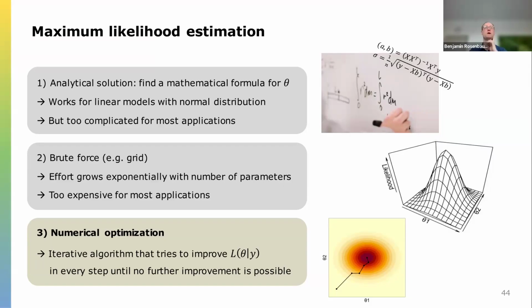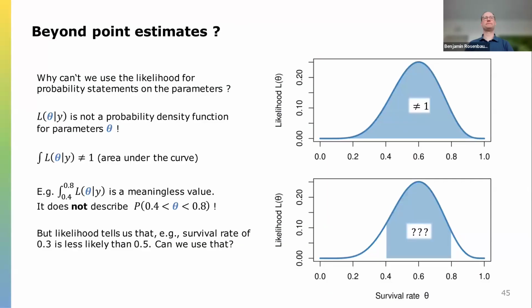So this is usually what we do in maximum likelihood. This will give you just a point estimate. And the problem here is that the likelihood function is not a probability distribution. It comes from a probability distribution, right? So if the parameter is known and the data is unknown, it is a probability distribution for the data.